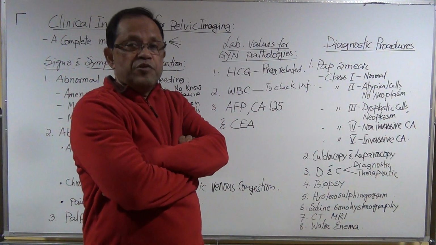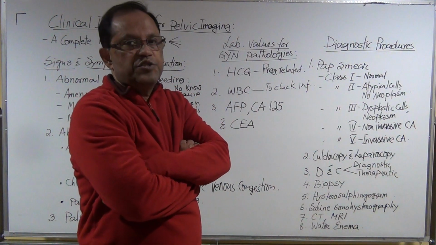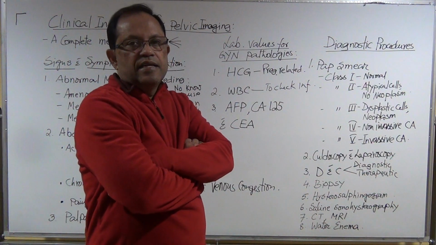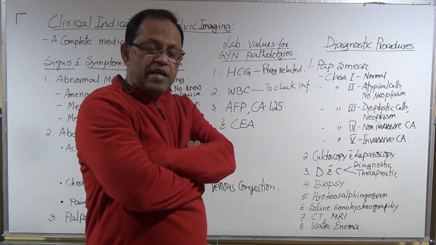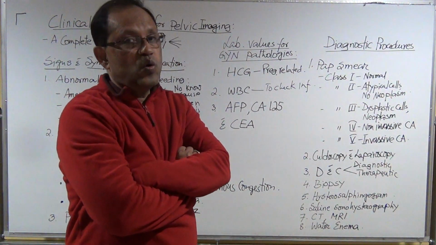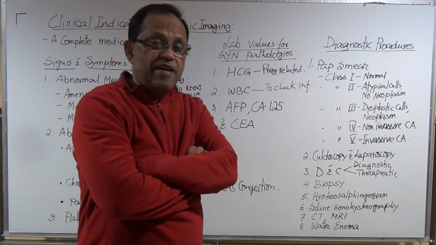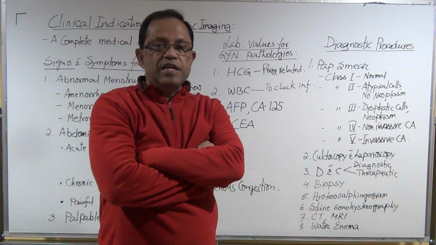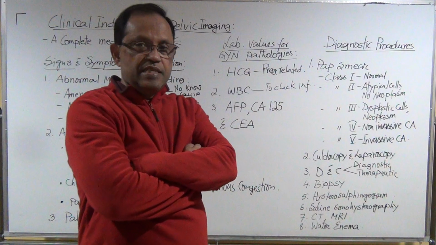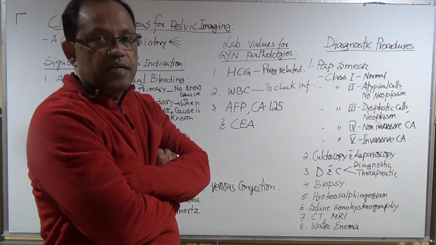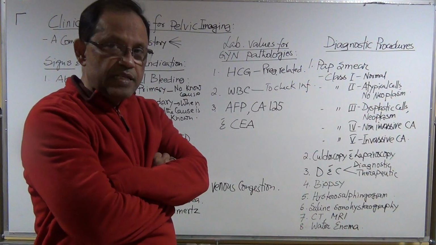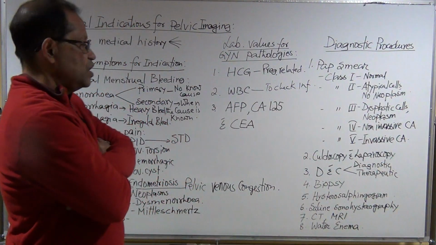And if there is a mutation in those suppressor genes, then the chance of cancer in the ovary and breast is higher. Okay, and it runs in the family. That's why those who have a family history need to go for BRCA gene 1 and gene 2 testing to see whether there is any mutation or not.